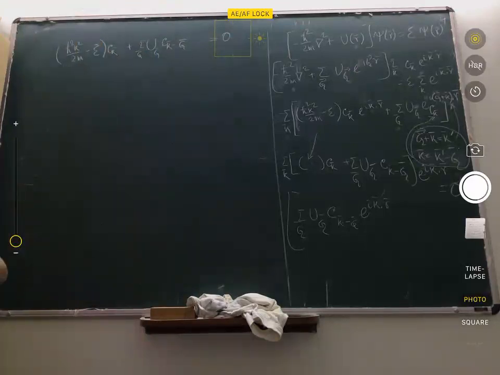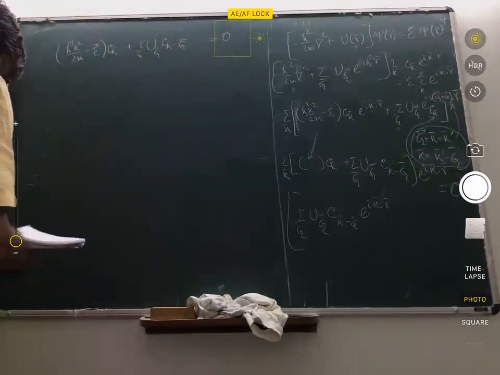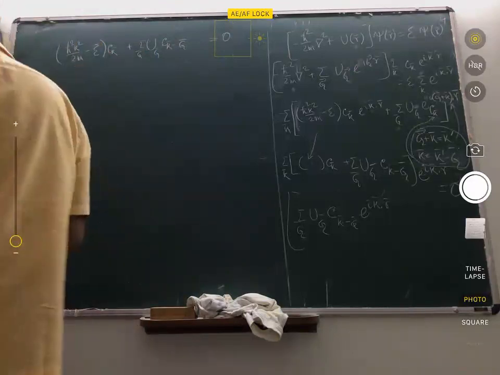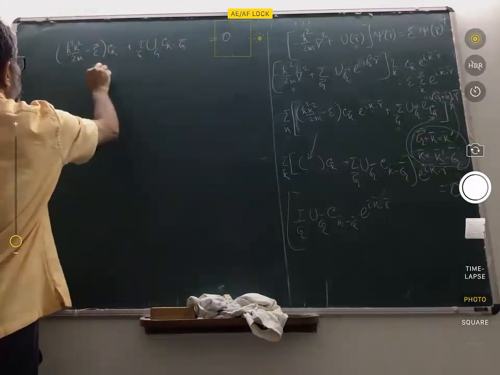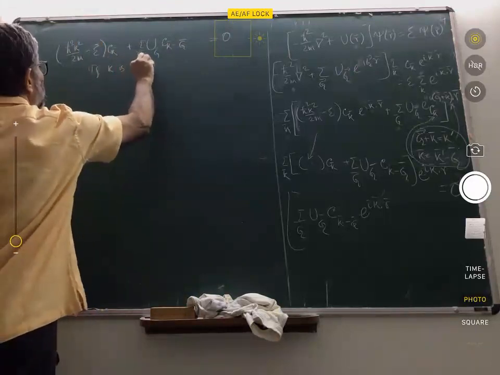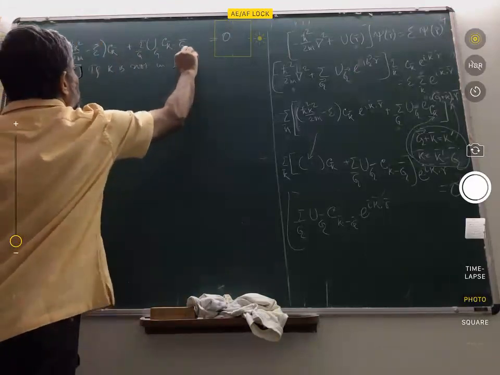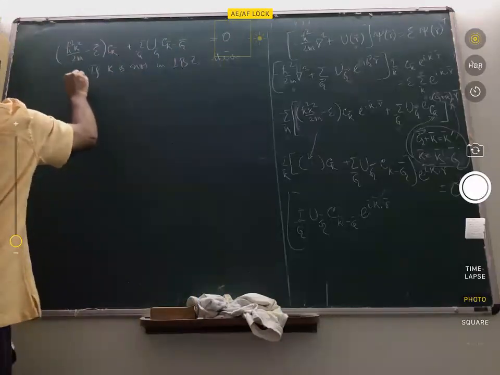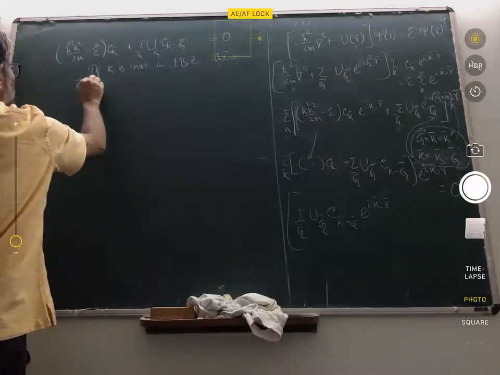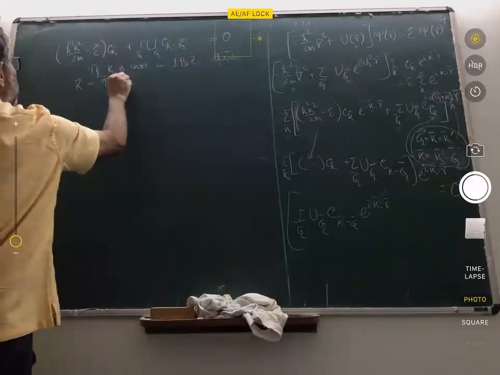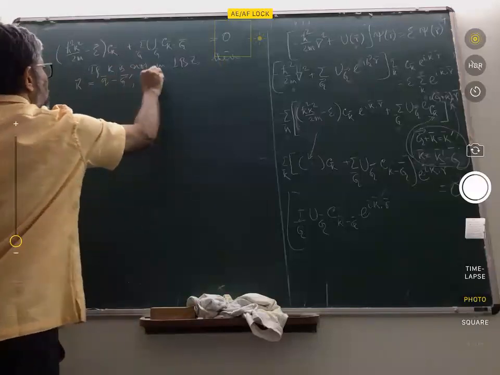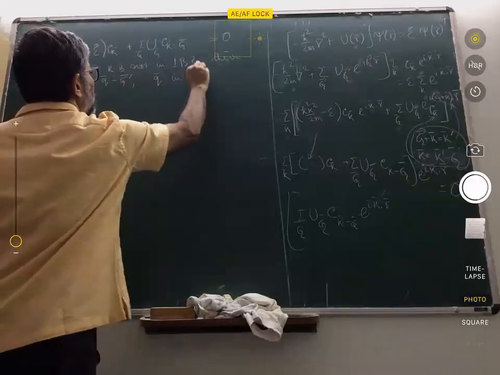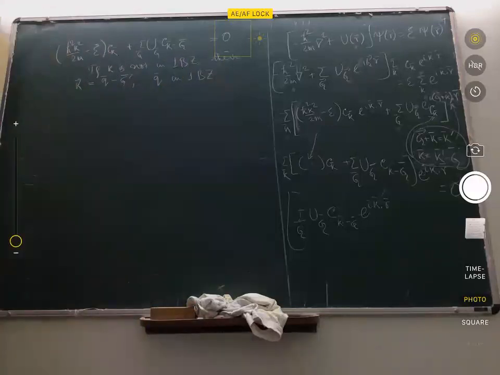Okay. So if K is not in the first Brillouin zone, let us write, how do I write it? So if K is not in the first Brillouin zone, then write K equals Q plus G, but Q is in the first Brillouin zone. Okay.